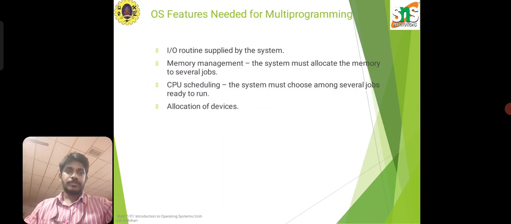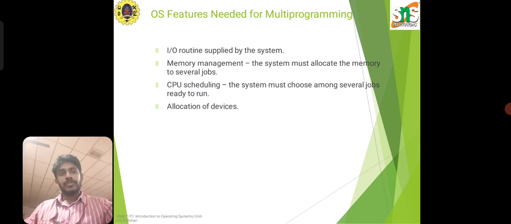Let us continue with the next topic in the introduction part: OS features needed for multi-programming. Majorly, we have I/O routines supplied by the system, memory management, CPU scheduling, and allocation of devices. These are the OS features needed for multi-programming.